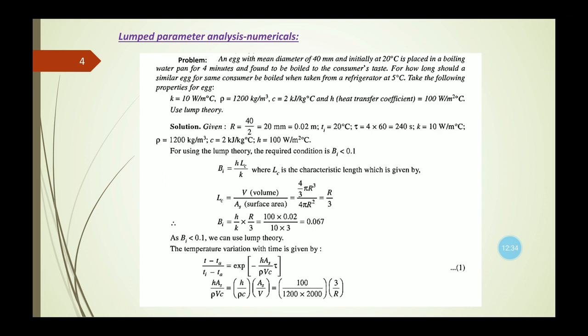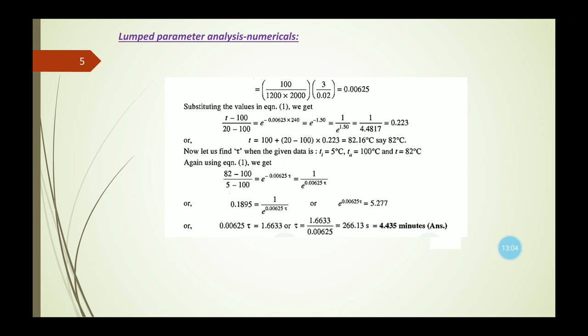Now the equation for the lumped theory is (T minus Ta) divided by (Ti minus Ta) equals e to the power minus Biot number into Fourier number, that is actually e to the power minus hA by rho Vc multiplied by tau. Now this hA by rho Vc part can be written as h by rho c into A by V. All the values are given in this question, so you can put all these values here.